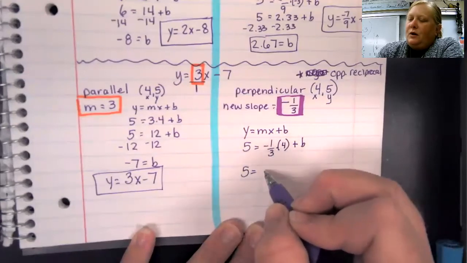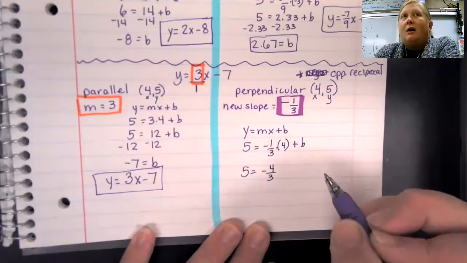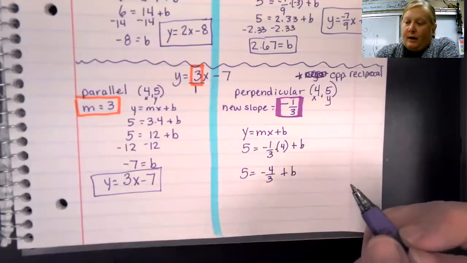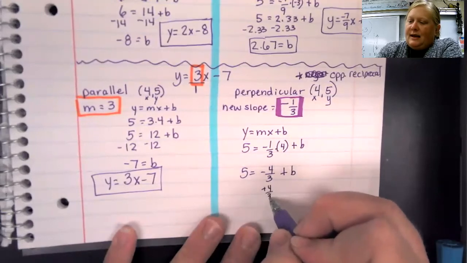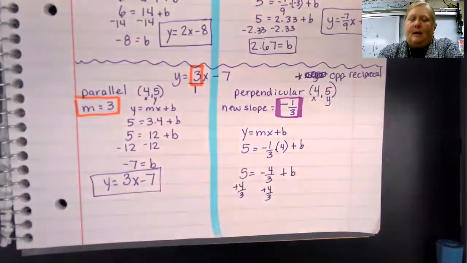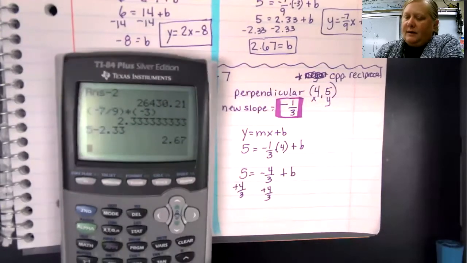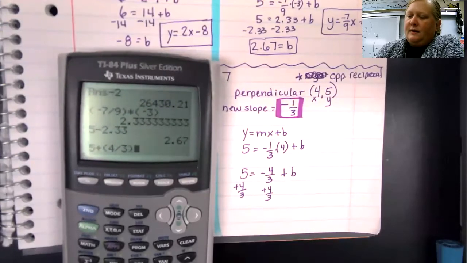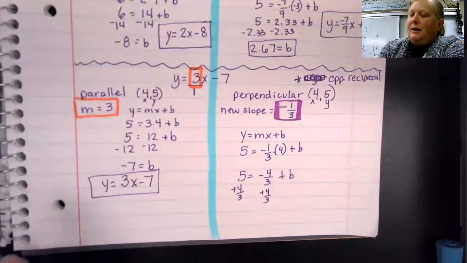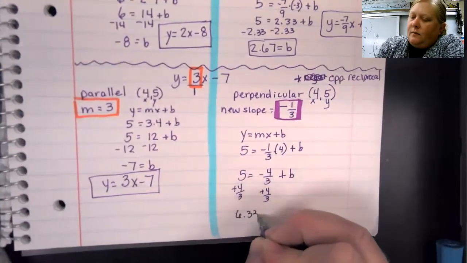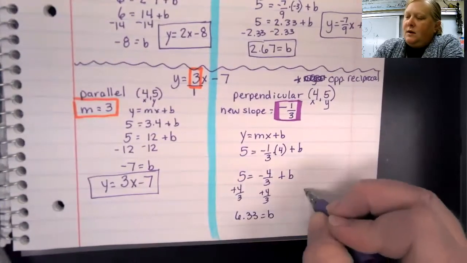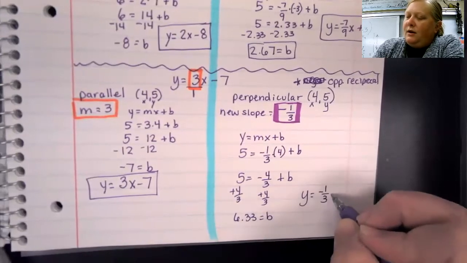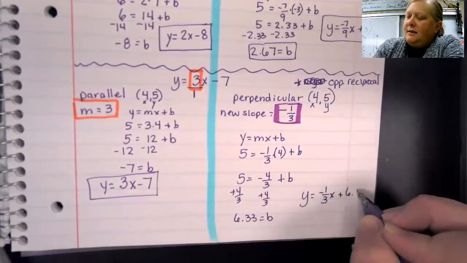Negative 1/3 times 4 is negative 4/3 or negative 1.33 repeating. And you can do either one if you want. I'm going to add that to each side. So I probably want to put that as a decimal, don't I? So let's see. 5 plus 4/3 gives you 6.33 repeating. So my answer is my new slope was negative 1/3 x plus 6.33.